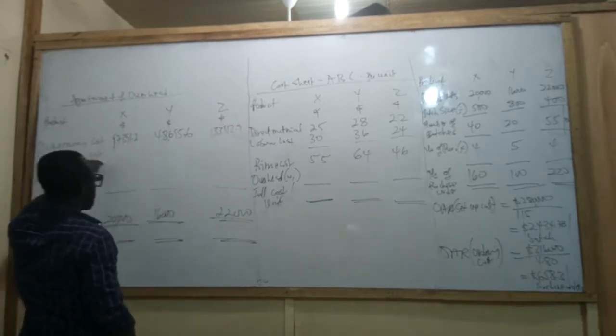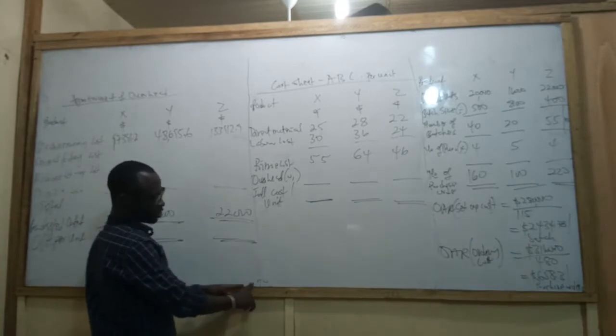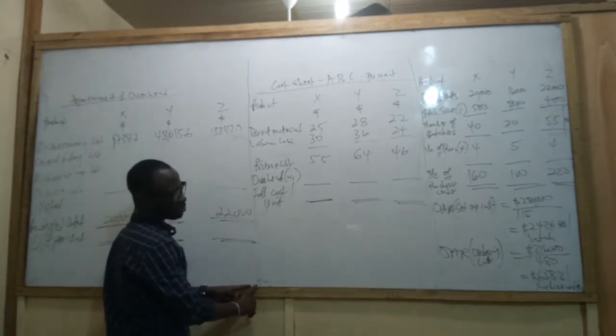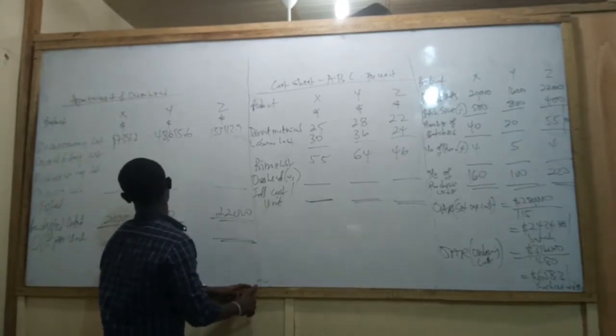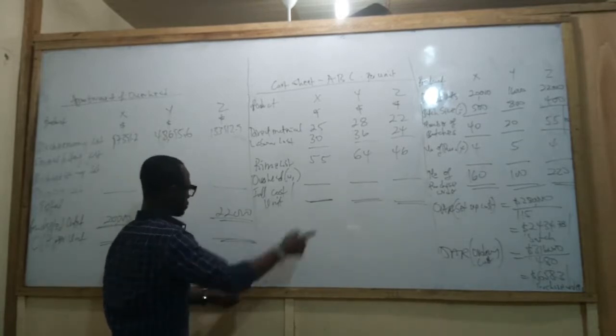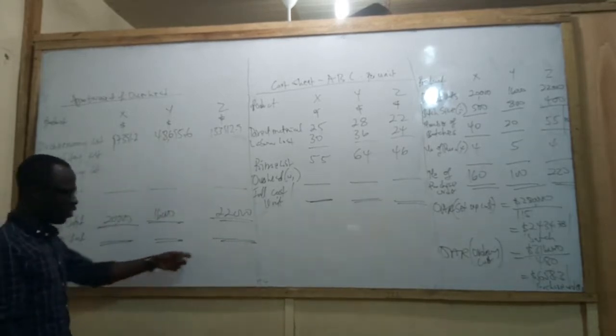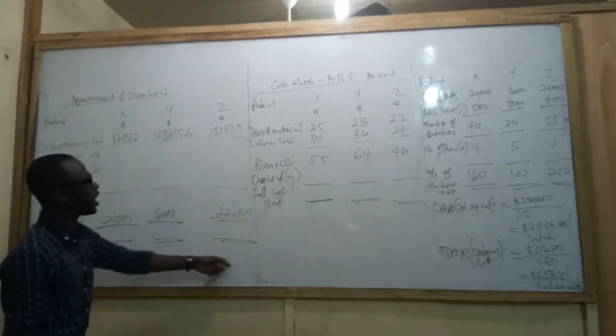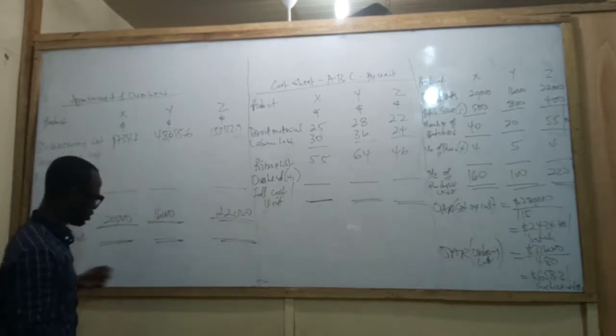Okay. What about general factory cost? It was absorbed according to what? Machine hours. What was the overhead absorption rate for general factory cost? 4 point something times the hours per unit. Hours per product, sorry. Factory machine hours.